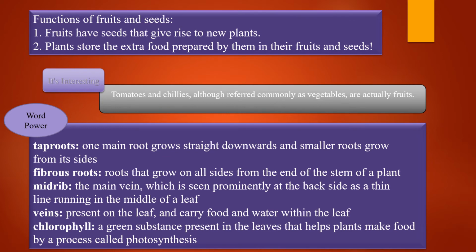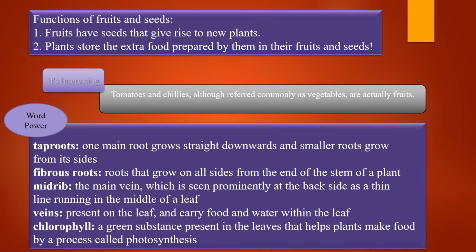For example, onion roots. Then midrib, the main vein which is seen prominently at the backside as a thin line running in the middle of a leaf. In the leaf I have already shown that picture. The middle one is called the midrib. Veins present on the leaf carry food and water within the leaf. Those small veins carry food and water to the leaf.